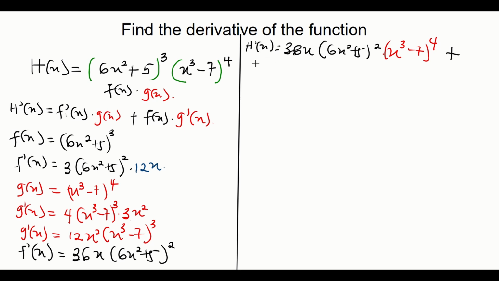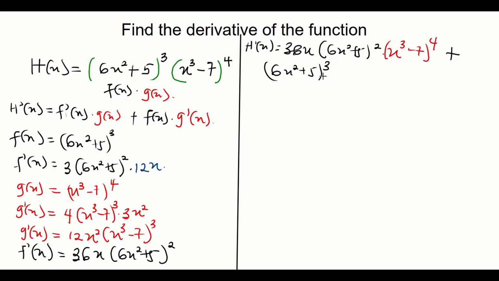we now add all of that to f of x. But what is our f of x? Our f of x here is 6x squared plus 5, all to the power 3, multiplying my g prime of x, which is simplified here.